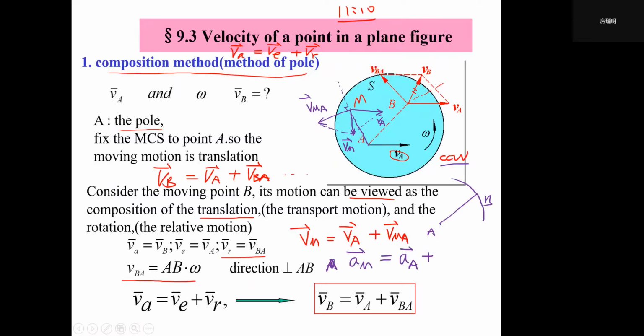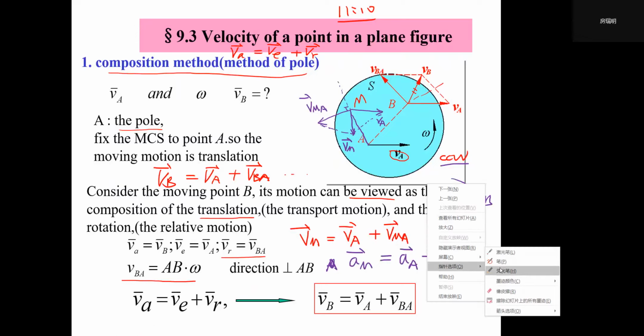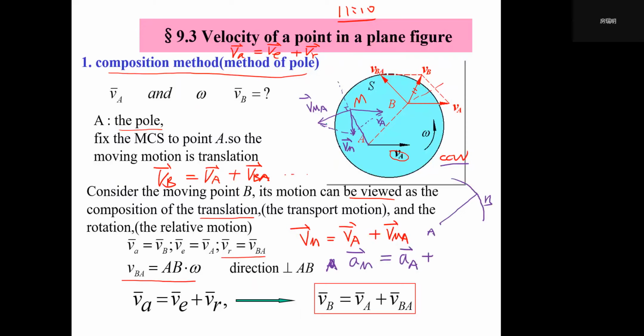Then from what we have learned, the natural coordinate system, do you guys still remember? Actually, we can change this AB to ABA, and this ABA can be divided into two components.